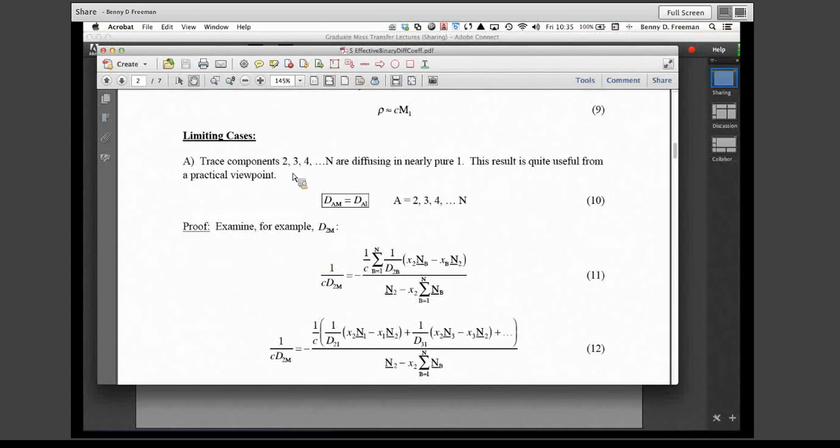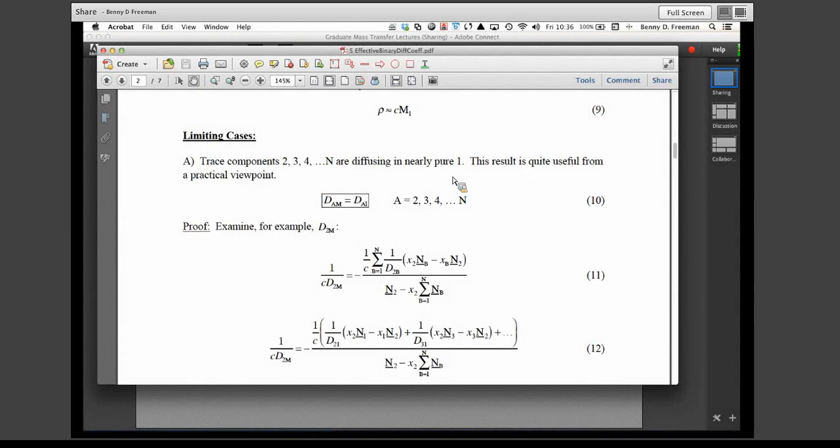One is where you have trace components diffusing in nearly pure 1. I'll call 1 the dominant component in the system, and you have trace components 2, 3, 4, etc., diffusing in nearly pure 1. So think about a situation where you have, for example, a liquid like water, and you bring that water in contact with air, and some of the air gases dissolve into the water.